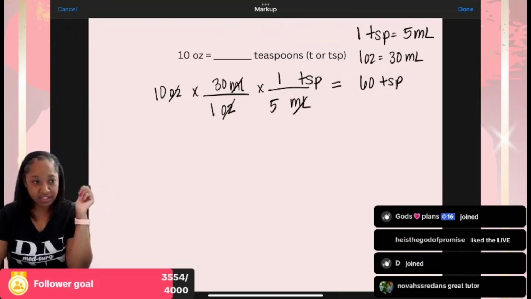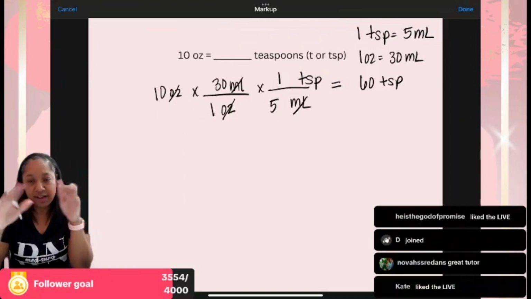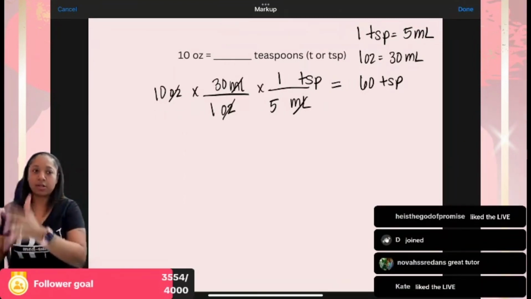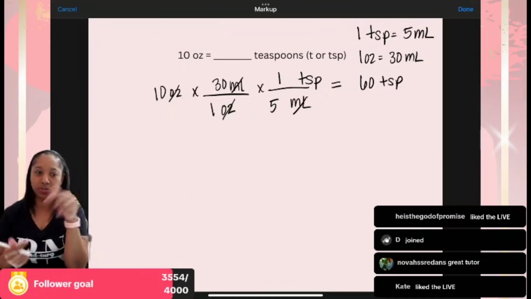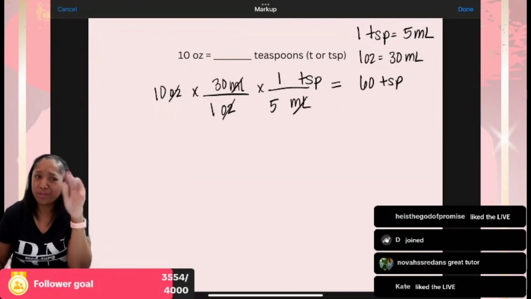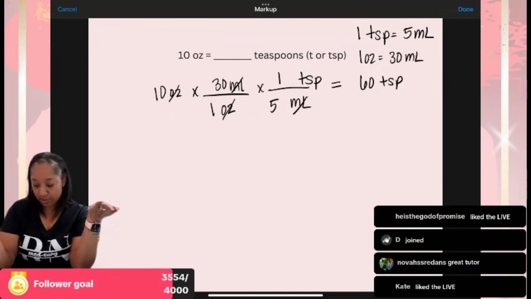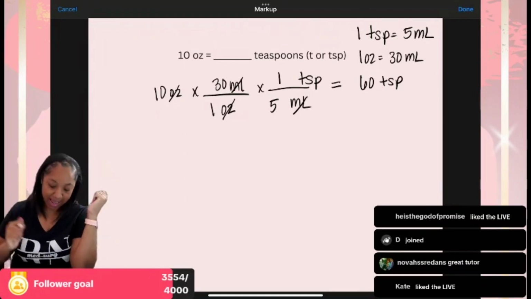The different steps have to cross out. Your top units have to match your bottom units. And so you go step by step, conversion by conversion, to get to what it is that you're looking for. When I do dimensional analysis, I mostly like to either start off with what I have or what I'm looking for. In this situation, I started off with what I had, which was the 10 ounces.